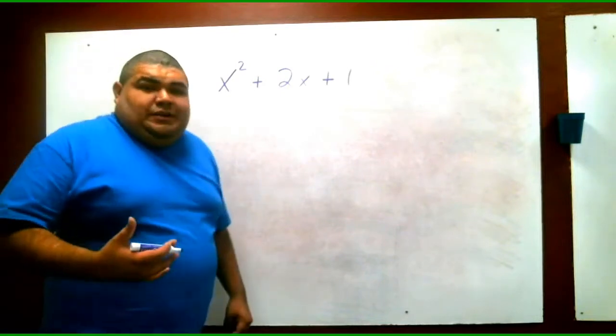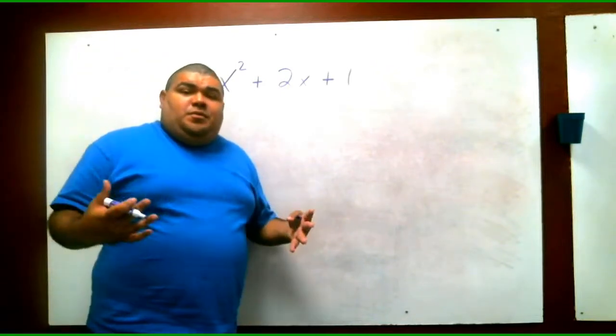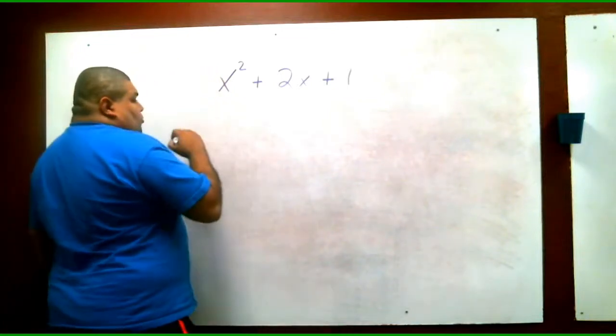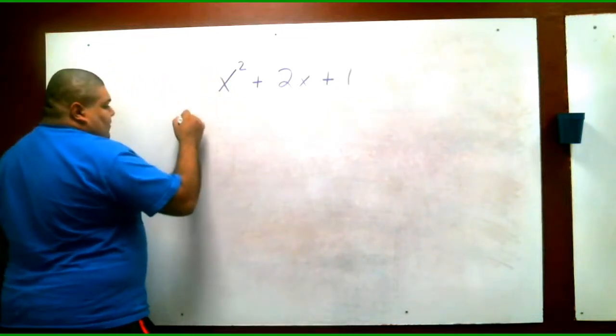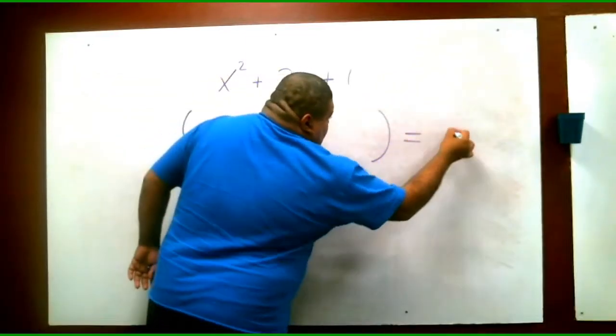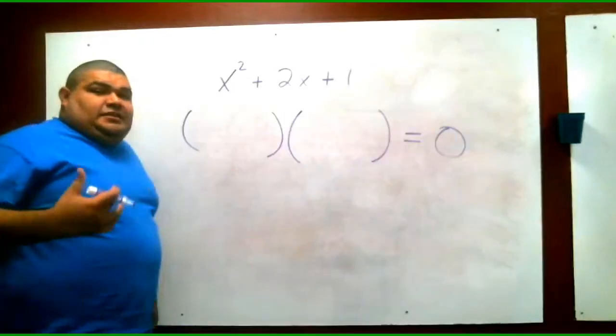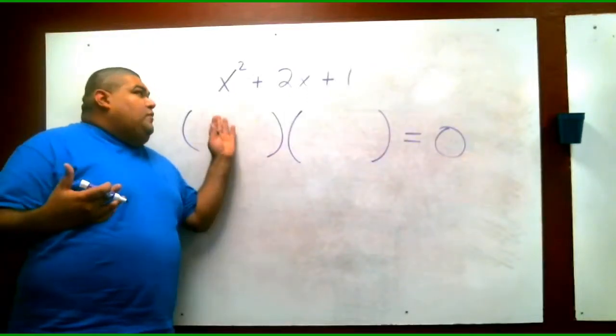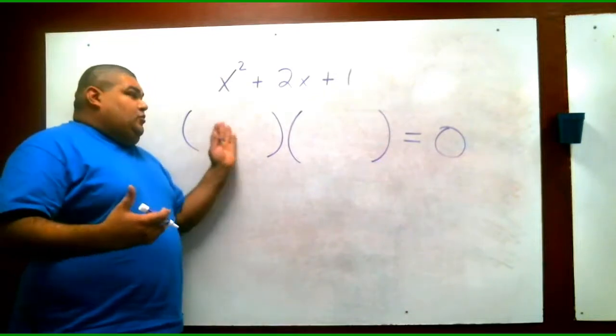All we're trying to do is turn it into another form where you have 2 parentheses equal to 0. So we're trying to arrive at this point where we have 2 sets of parentheses equal to 0. That's the next step we're trying to arrive at because we're trying to solve for x at one point. Today we're just trying to arrive here.